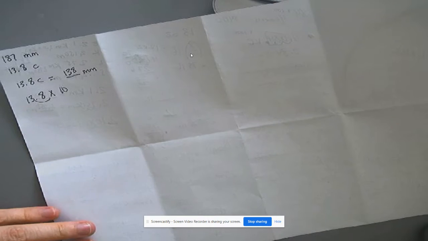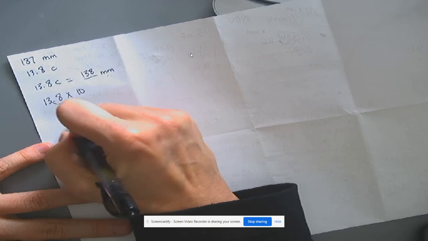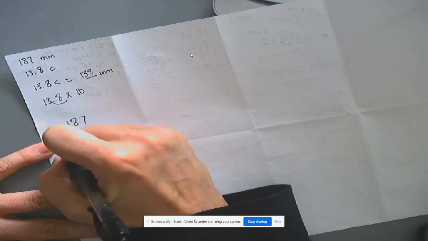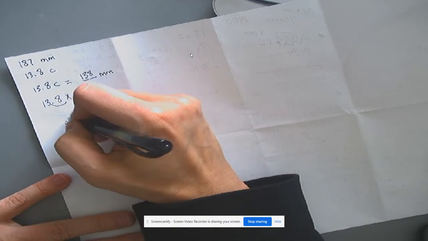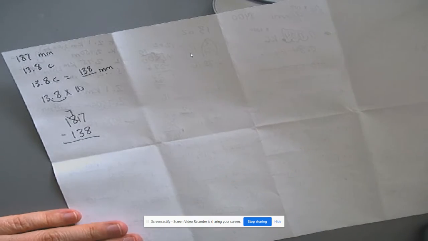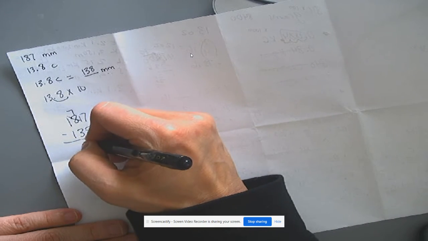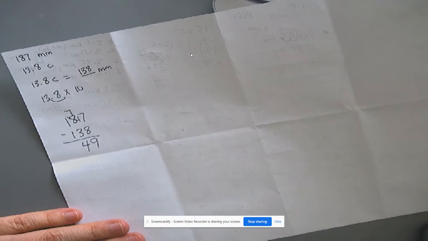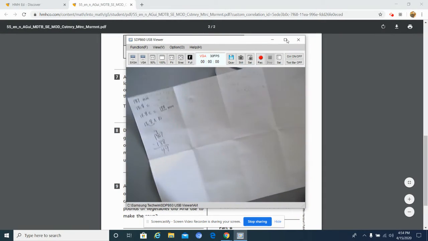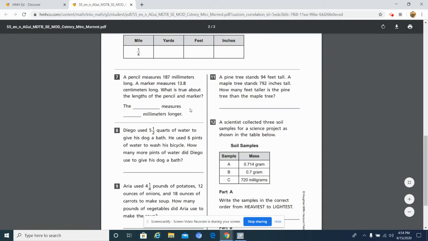How are we going to find out how much longer? We subtract. Okay, can we take 8 from 7? We cannot. 17 minus 8 is 9. 7 minus 3 is 4. Okay, so we know that the pencil measures 49 millimeters longer.